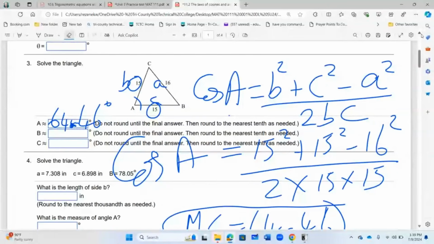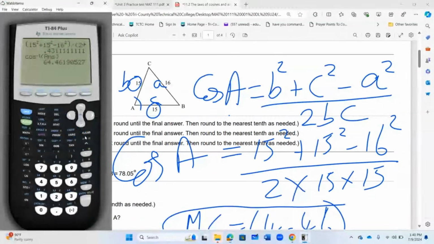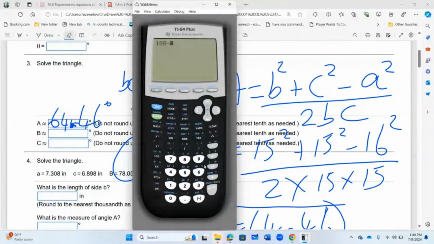Now I am going to find another angle, whichever one I like. But now that I found this angle, I don't even need to, because it's an isosceles triangle. So I can do 180 minus that angle, the vertex angle, 180 minus 64.46. I get an answer and divide that answer by 2 to get the base angles of that isosceles triangle.